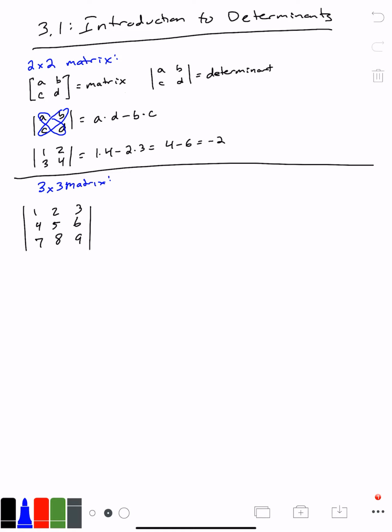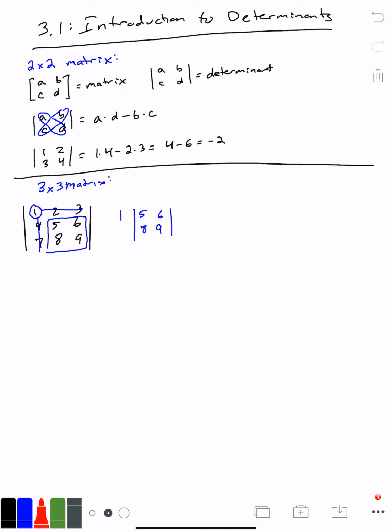You start in the upper left-hand corner and write down that number 1. Then you imagine removing the entire row and the entire column that the 1 is in. If you remove those, you'll see you have 4 numbers, and we are then going to write down that determinant.